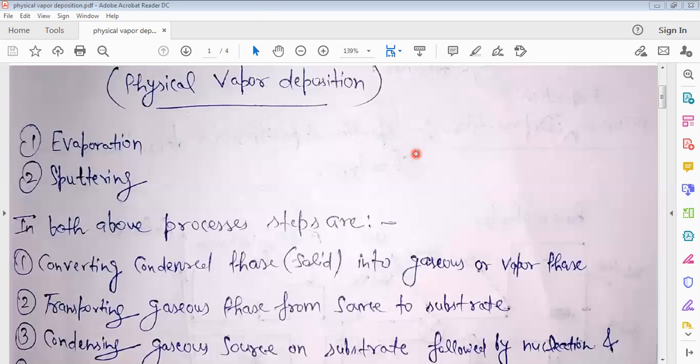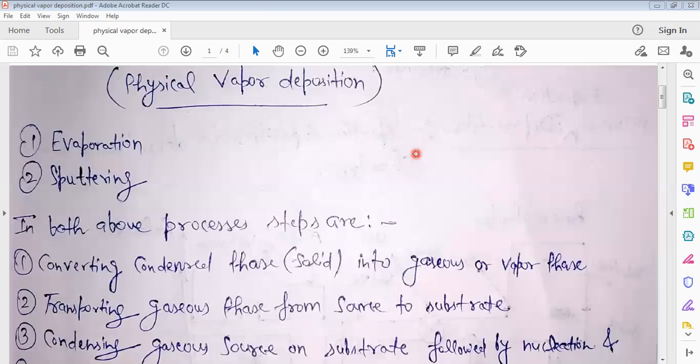Once the metal has been transported in the gaseous phase onto the substrate, it is condensed onto the substrate. How is it condensed? Because the substrate is kept at a lower temperature. The metals are vaporized at their melting points, or if the material sublimes, at the sublimation temperature.